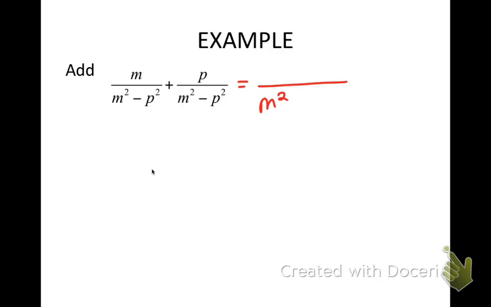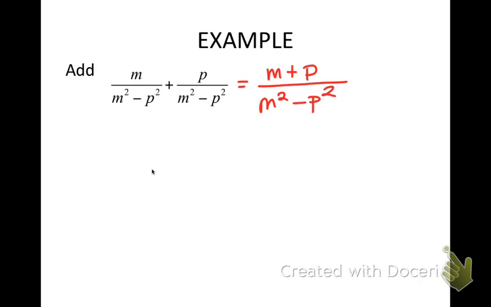So my resulting fraction is going to have m squared minus p squared in the denominator. My numerator is going to be m plus p. Now, why am I starting to get excited? We can factor that m squared minus p squared, right? That's a difference of squares.